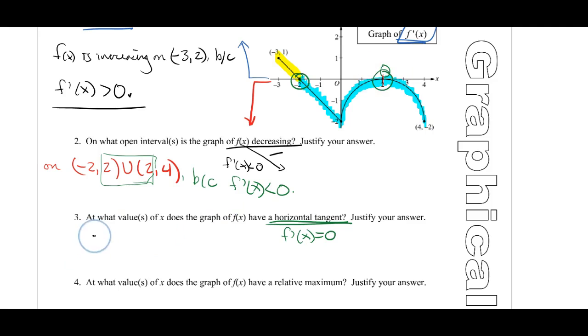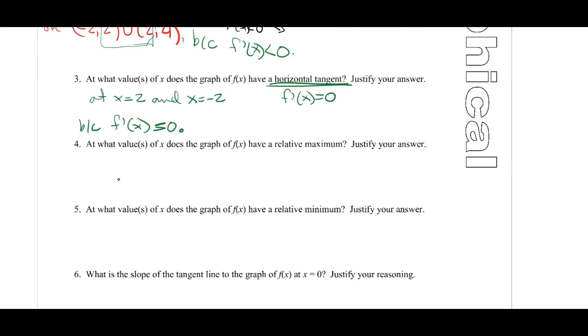So I can say at x equals 2 and x equals -2 because the derivative equals 0. That's my justification. That's all it takes.